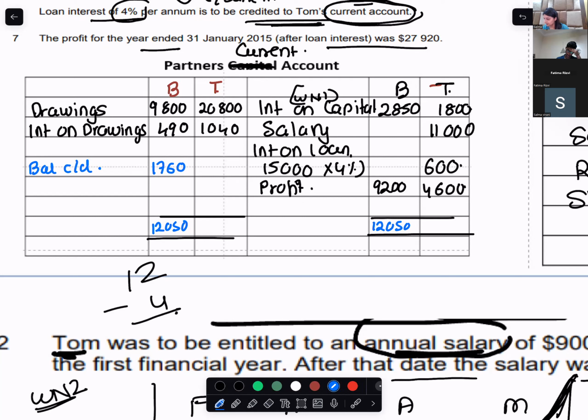I think for Tom the debit side is more. 2,800 plus 1,040 is 21,840. So for Ben, the debit is more. Now for Tom, the credit is more. Right?